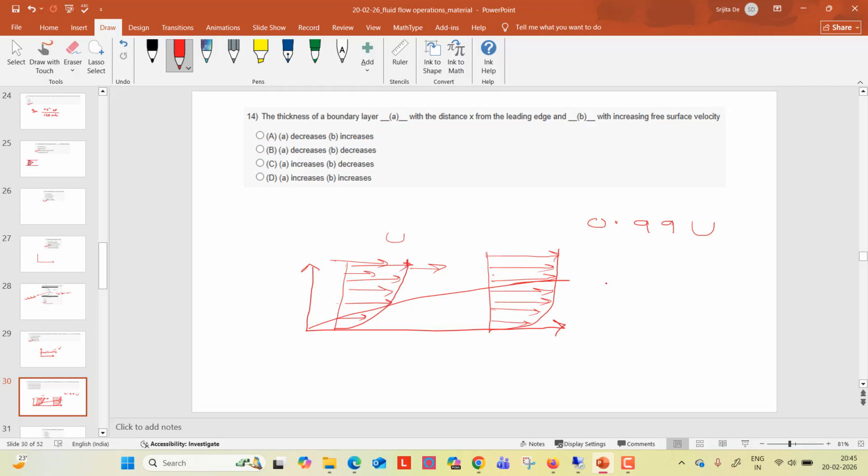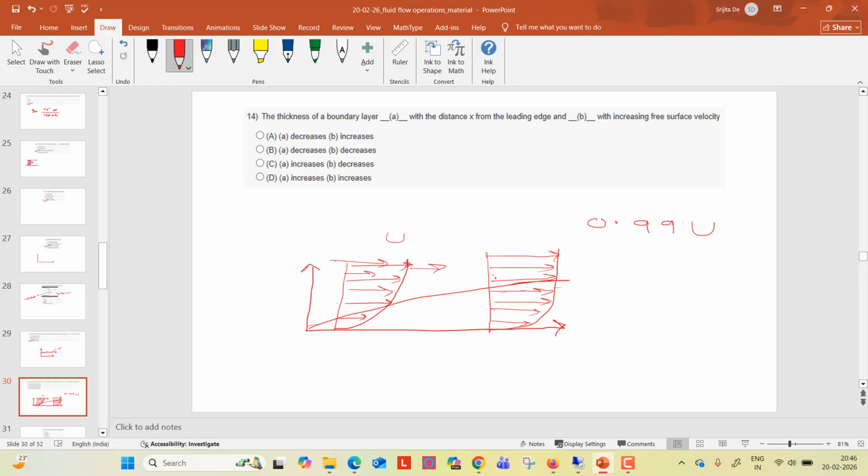This distance from here to here, how this plate is obstructing the flow layers, or the velocity of every fluid layer, is described by this boundary layer theory. After this point it has achieved the fully developed condition, and after this much portion these fluid particles have achieved the fully developed condition.